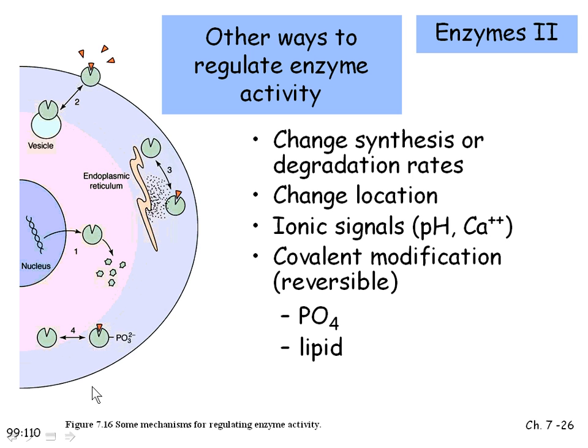There are some enzymes that are actually changed through covalent changes, where a group is covalently attached to the enzyme and stays on it until something leads to its being taken off. Two of the common forms for that would be phosphorylation, and we're going to see a number of examples of enzyme activity changing through phosphorylation.